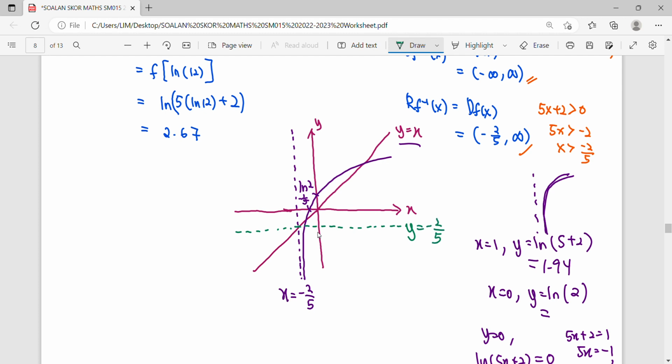And then you can see your graph intersects here, so your image should come from that point and then go up. So at this point, your image is supposed to be coming up. Try to draw it symmetrically. Then label this as our f inverse, with the intersection ln 2 here and negative 1 over 5.